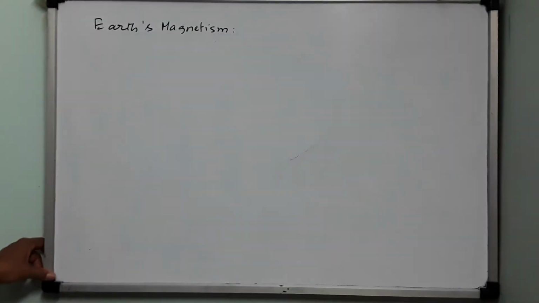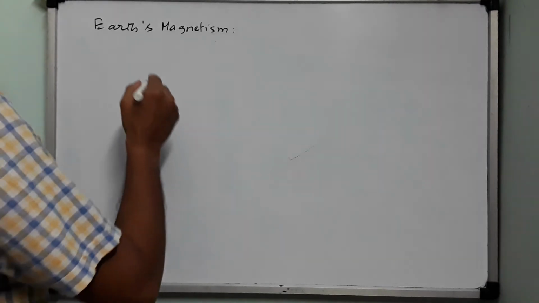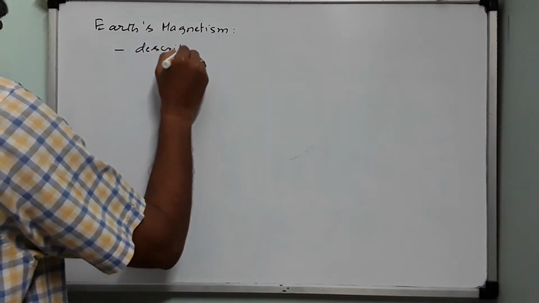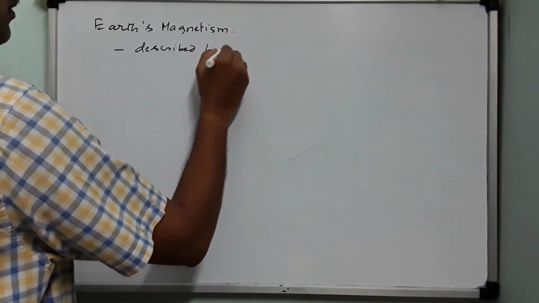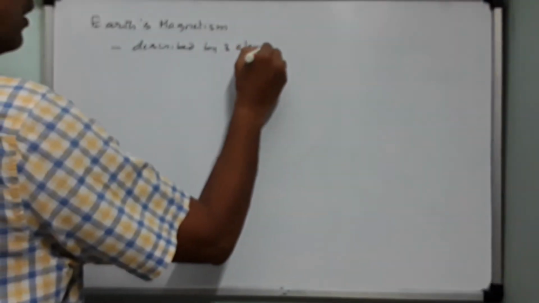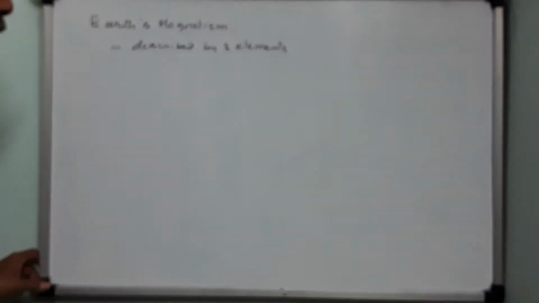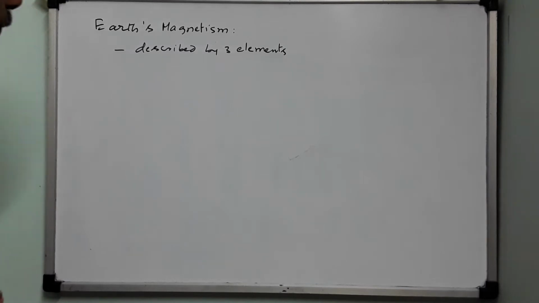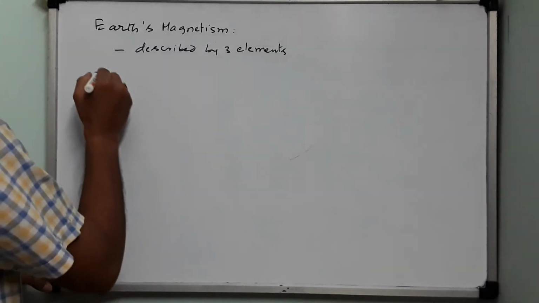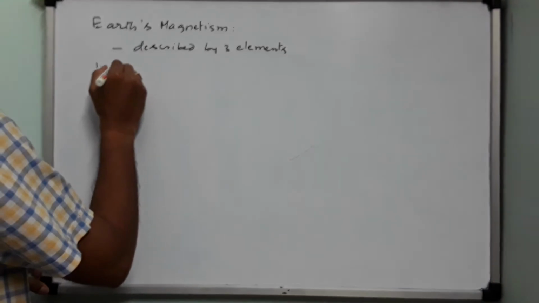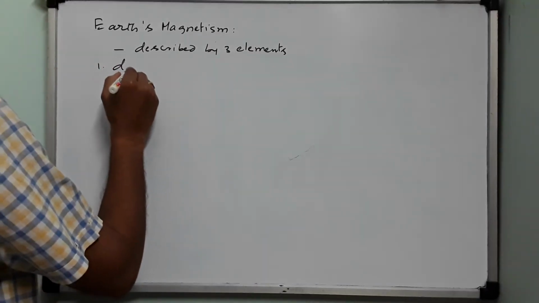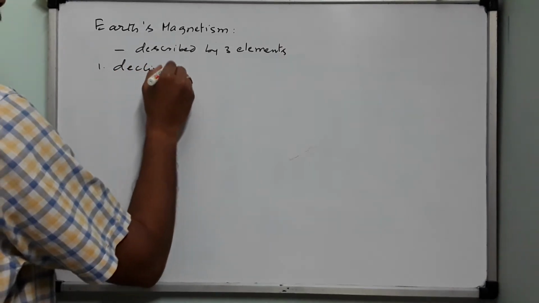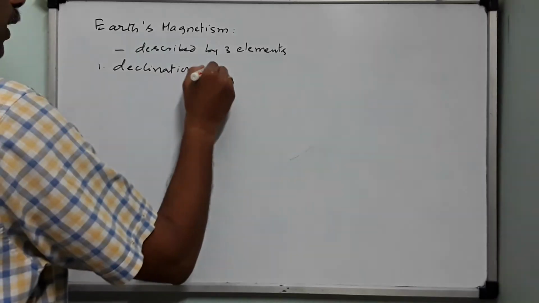Okay. So it is described by three elements. They are also known as magnetic elements of Earth's magnetic field. Okay, three elements. Number one, declination, denoted by theta.